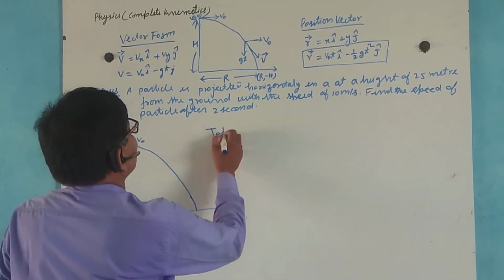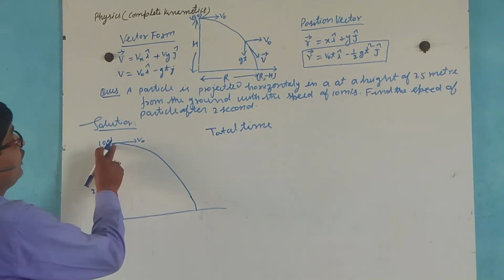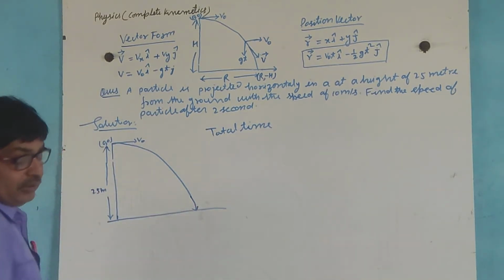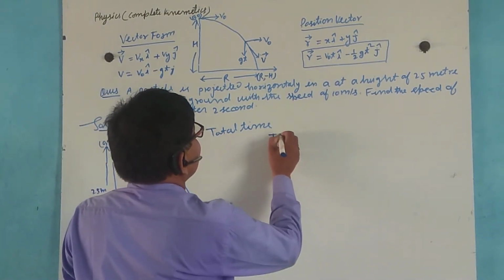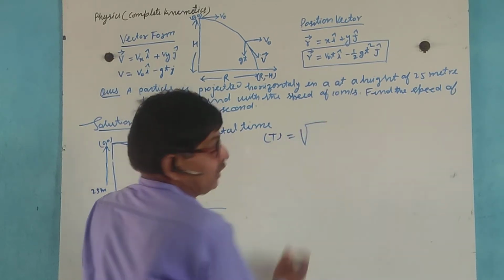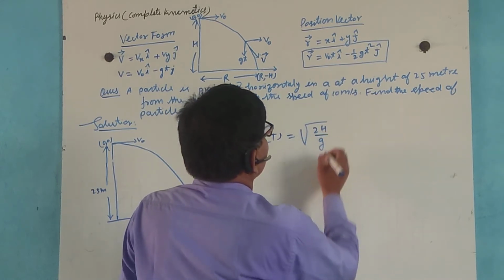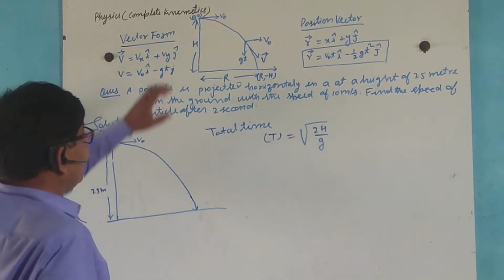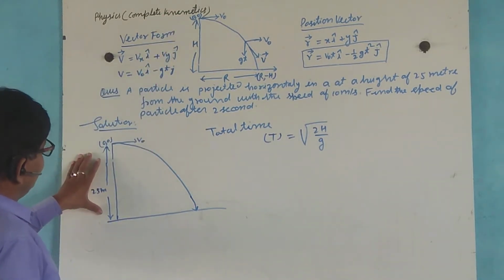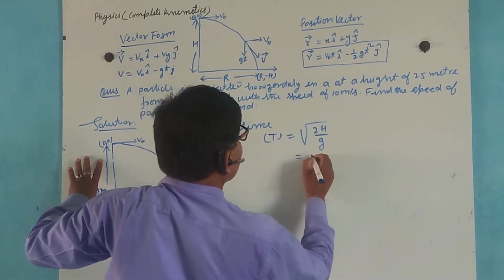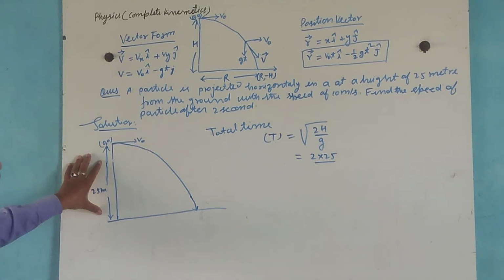Total time is the time for the particle to come from this point to this point. T is equal to under root 2h by g, where h is the height of the particle, here 25 meters, so 2 into 25 meters, and g is the acceleration due to gravity.